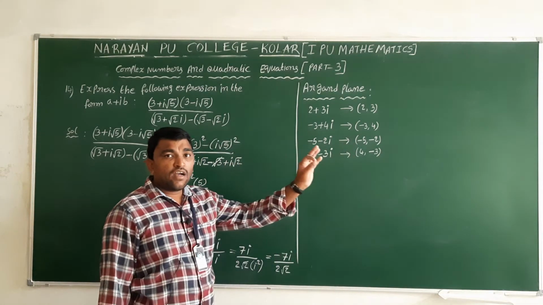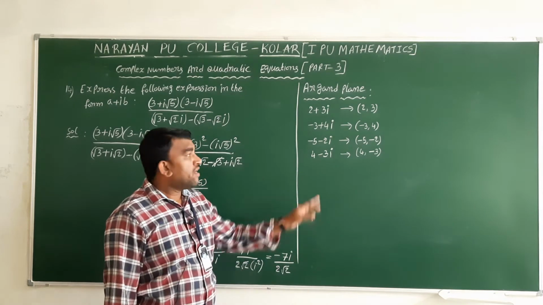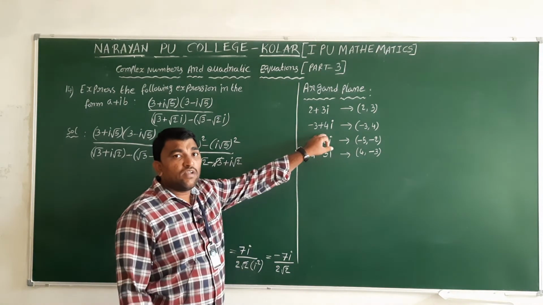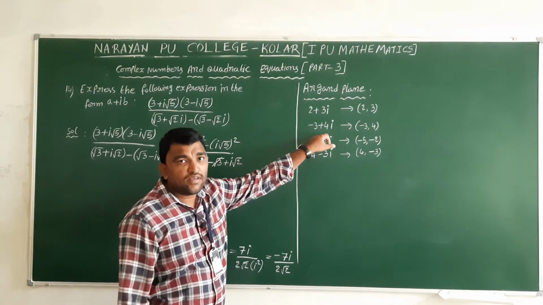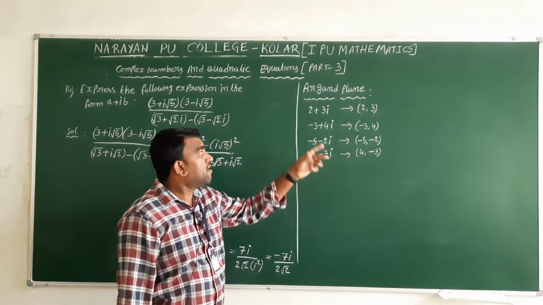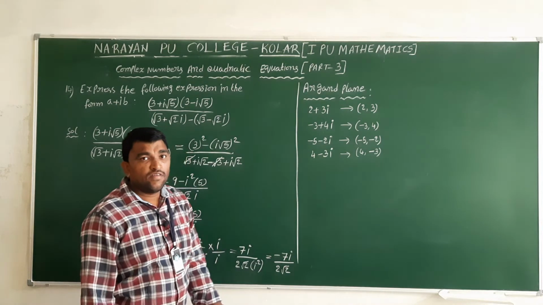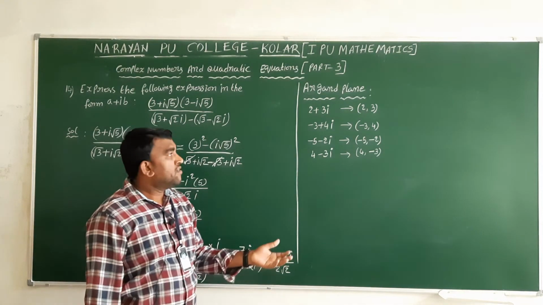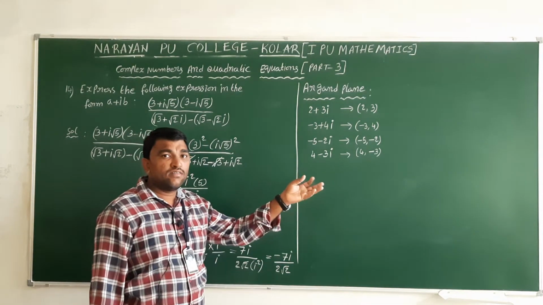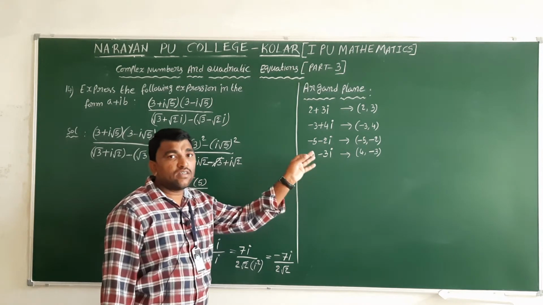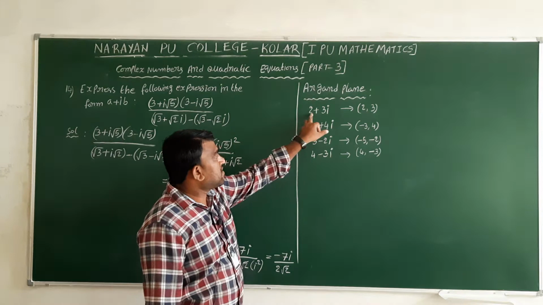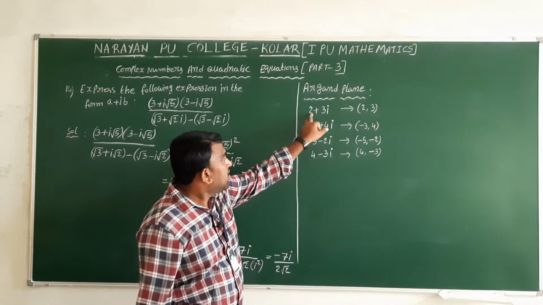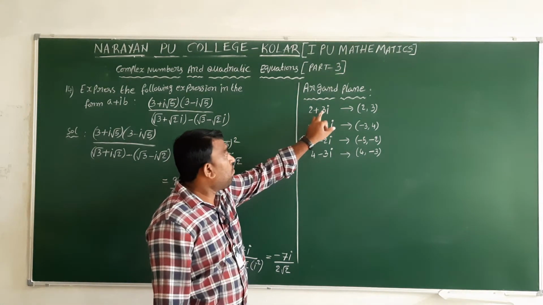In the Argand plane, any complex number will be assigned a point. That is nothing but the Argand plane. For example, here the standard form is x plus iy, x is 2, y is 3.